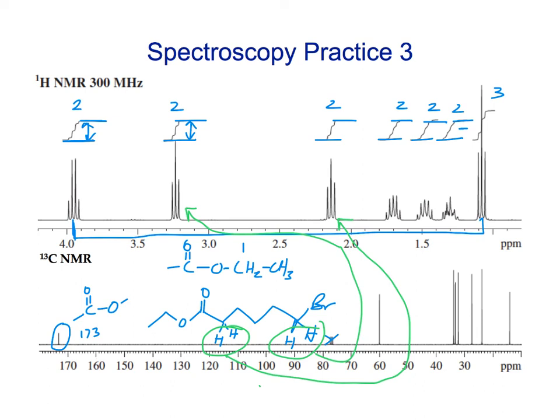Notice that in the middle, these CH2s are all coupled to each other. Once we get buried in the middle of the chain, they don't always look as perfect as we might think, so they can look a little shaggy in there. But each one in the middle is coupling to 2 CH2s.